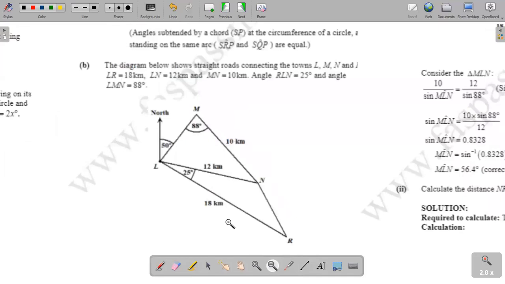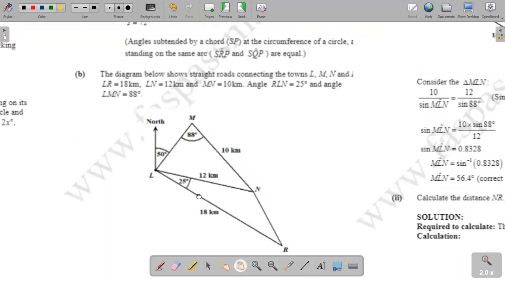Do you see the 3 shapes? The 2 triangles and the 1 quadrilateral, right? So you got triangle 1, triangle 2, and the overall quadrilateral.